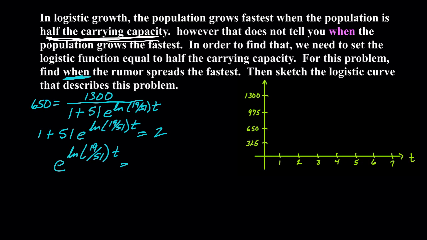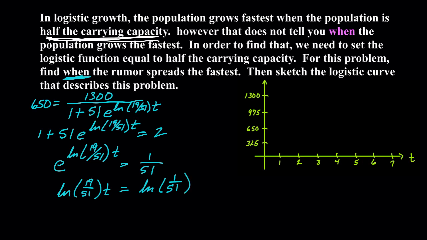Subtracting 1 is 1, divided by 51 gives us 1 over 51. Take the natural log of both sides, which will give us natural log of 19 over 51 t equals natural log of 1 over 51.